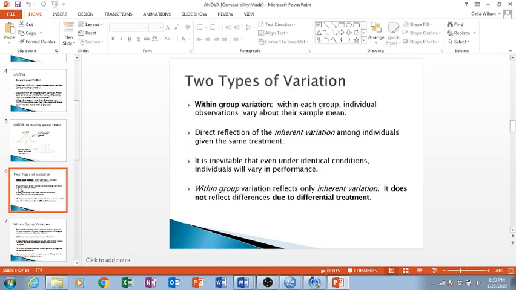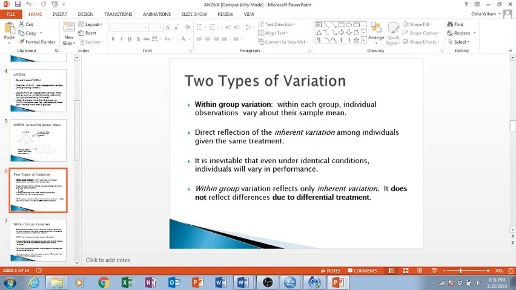Maybe you have a treatment group and a second treatment group and a comparison group. Well, within your treatment groups, treatment 1 and treatment 2, and your comparison, individuals are going to vary on whatever that characteristic is that you're talking about.